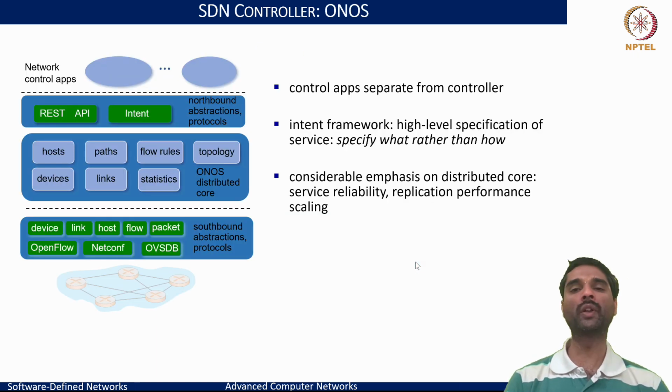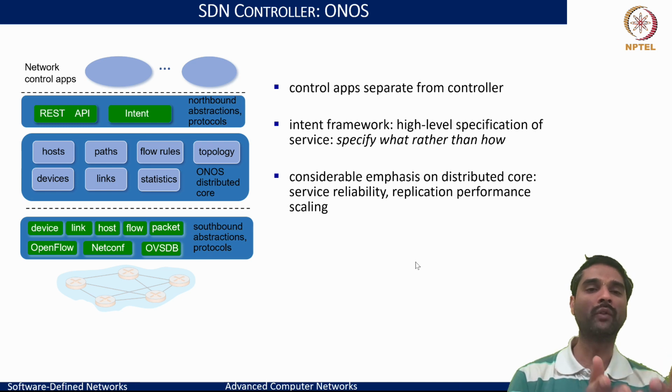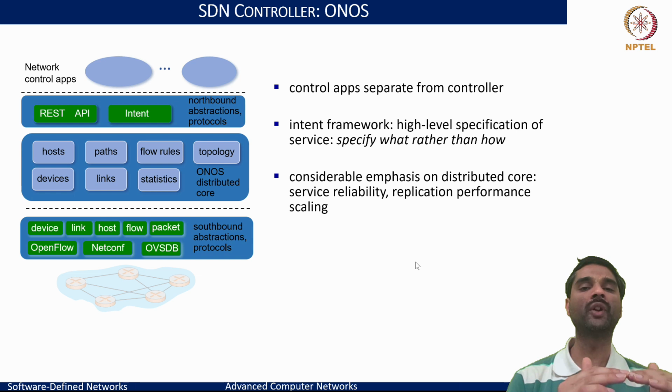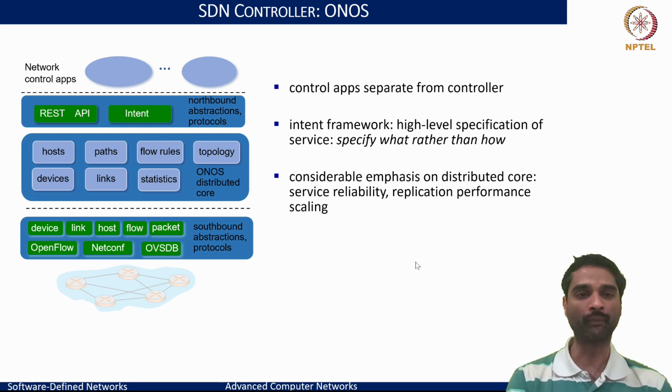The most popular SDN controller nowadays is ONOS, the Open Network Operating System. Here it aligns with what we just discussed, but we need to remember that what is shown here as REST API and intent are the abstractions provided as a northbound interface to the application. So when I write an application, I have a choice of defining the ONOS intent and then passing the information down to the devices.